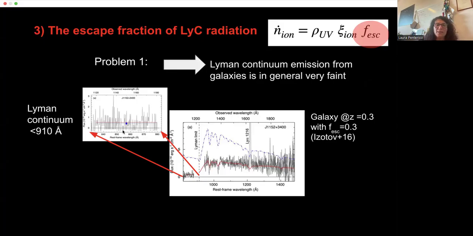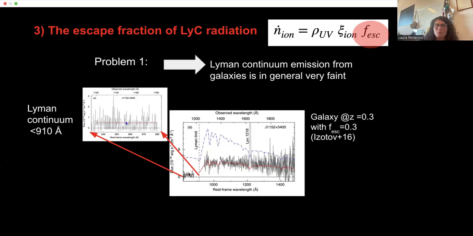This enlargement is the Lyman continuum. On top you have the observed wavelength, and on the bottom the rest frame wavelength. You see immediately that this is a bright, low redshift source, but the Lyman continuum part is very, very faint.